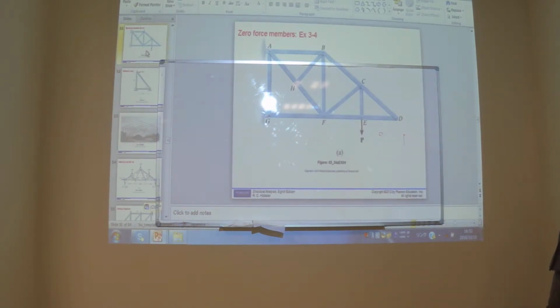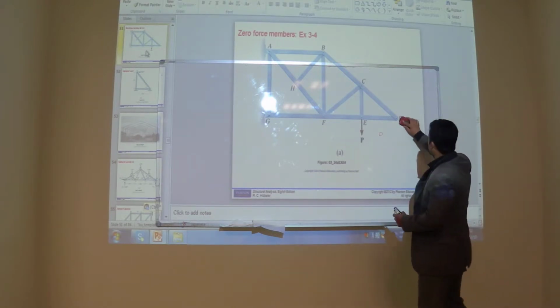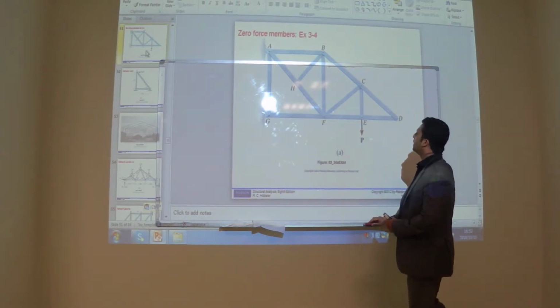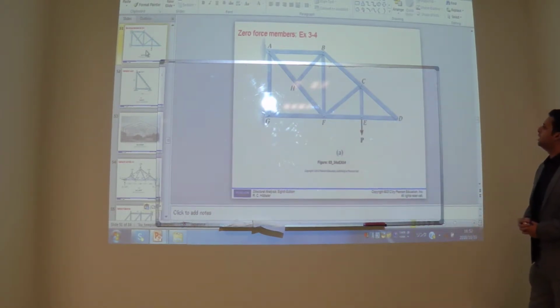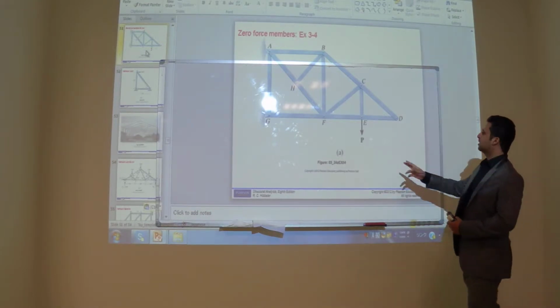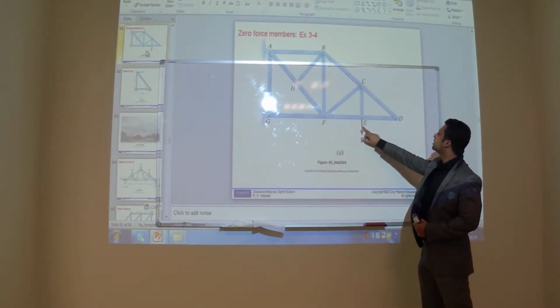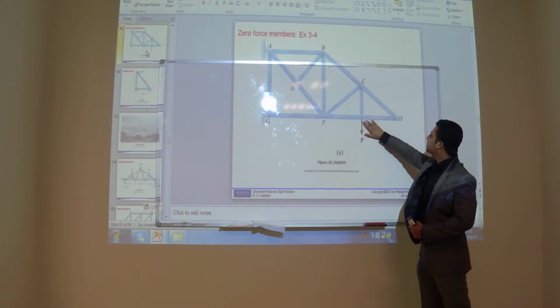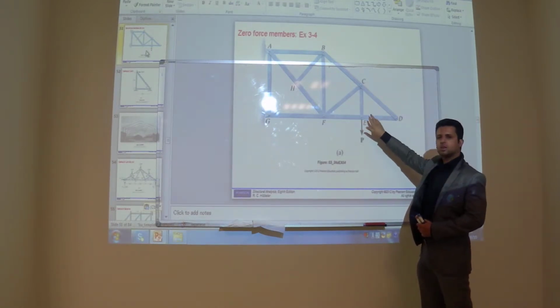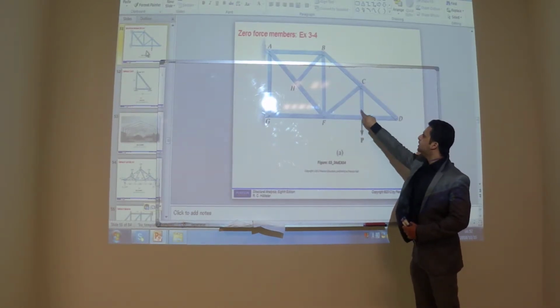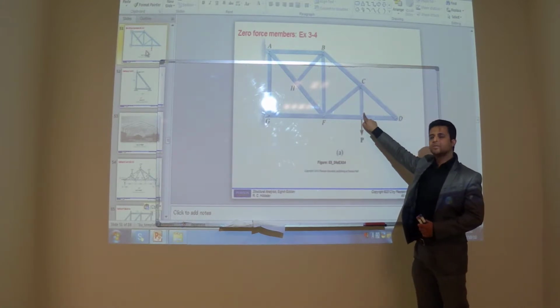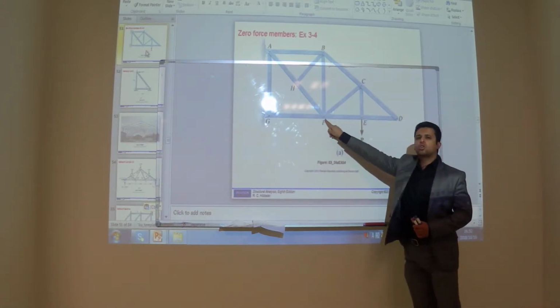This truss. In this truss, if you see the joint, again, the situation is very similar. At this joint, no force other than this. Only three members. No force here, no force here.